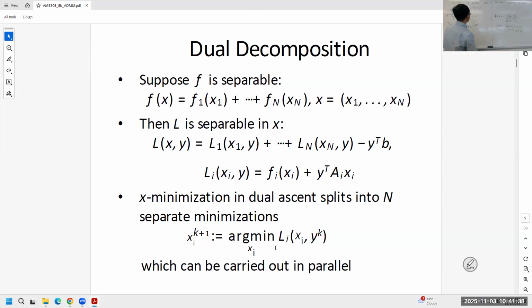Because what is the constraint in this case? Our constraint is Ax minus b equal to 0. This is a linear constraint.